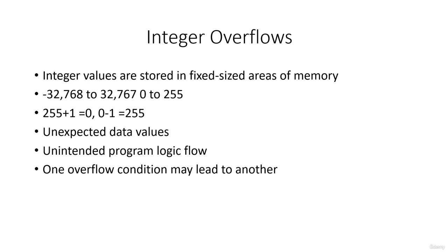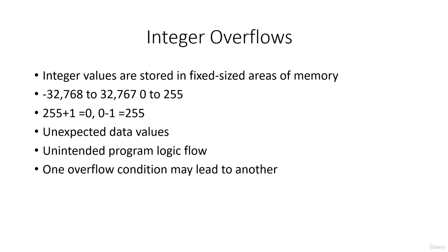If we perform an arithmetic operation that exceeds the upper or lower size of the integer and attempt to store the result in the integer variable, which is too small, the value will roll over to the other end of the integer range. The condition is referred to as an integer overflow, although integer rollover might be a more accurate description.